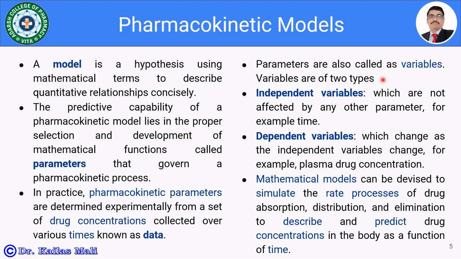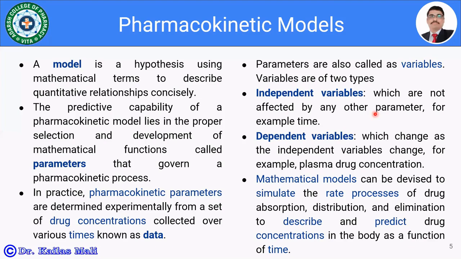There are two types of variables. The very first one is known as the independent variable, and the second one is known as the dependent variable. The independent variable is not affected by any other parameter. For example, time, in the case of dissolution studies, is the independent variable.